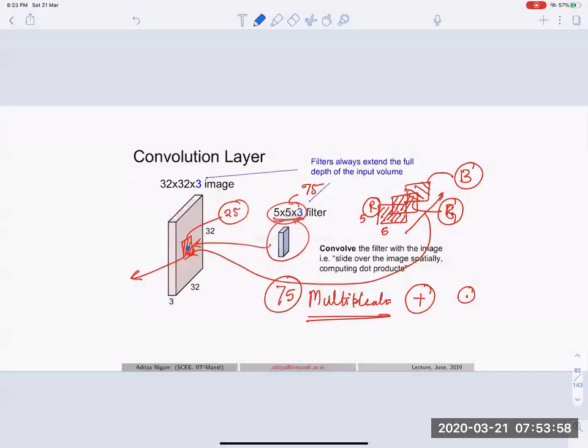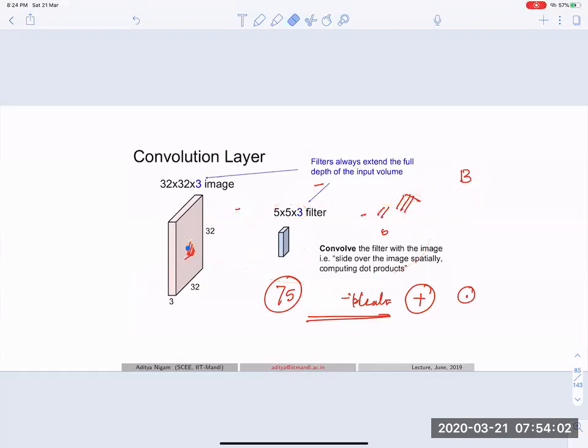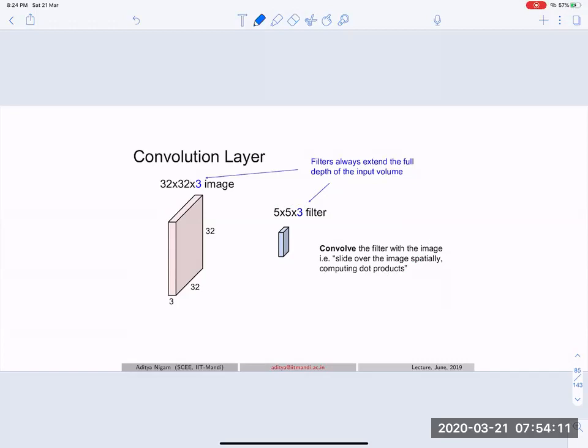Let us see what we are doing over here. This is my 32, this is my 32, and this is my 3. So this is my input. And what I wanted to do is apply a 5 by 5 by 3 filter. This 5 by 5 by 3 filter can be seen as 5 by 5, a second 5 by 5, and a third 5 by 5.